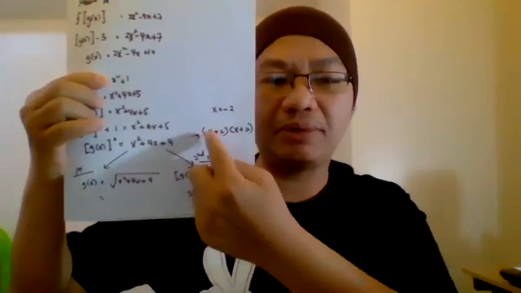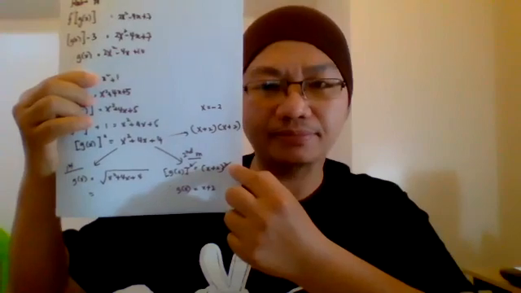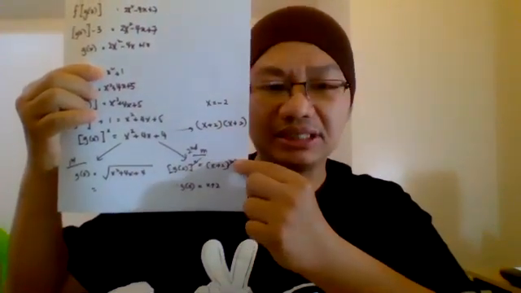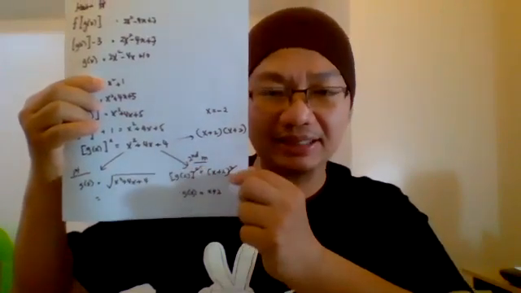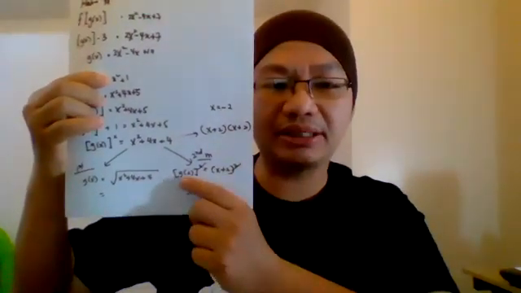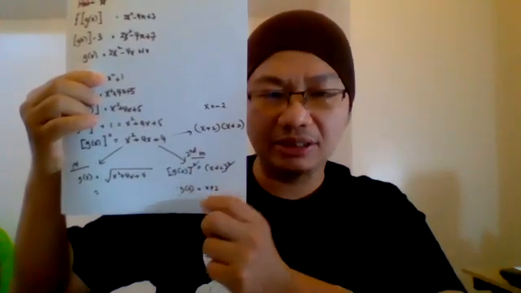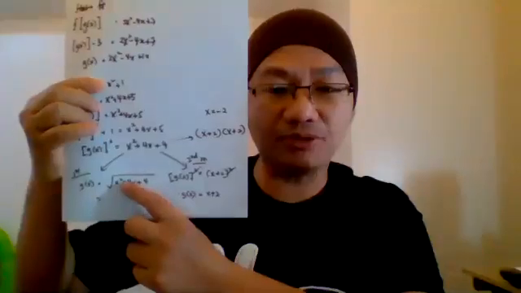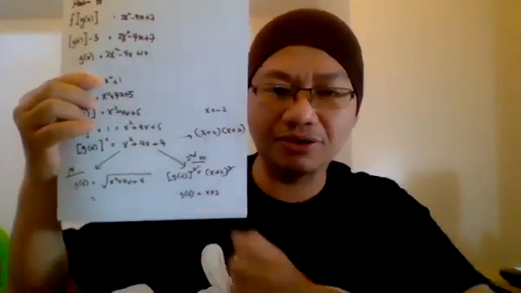Why do I put squared here? Because two things are repeated. Now, since this squared and this squared are left and right, we can cancel the square. That's why gx is left here and x plus 2 here. So the final answer is not this one, but gx equals x plus 2.